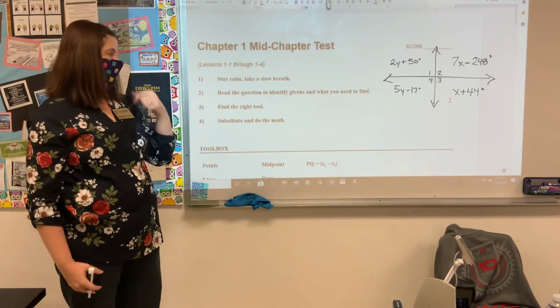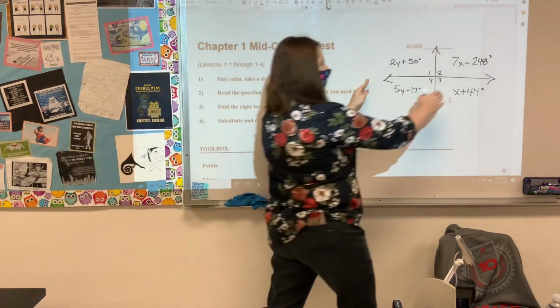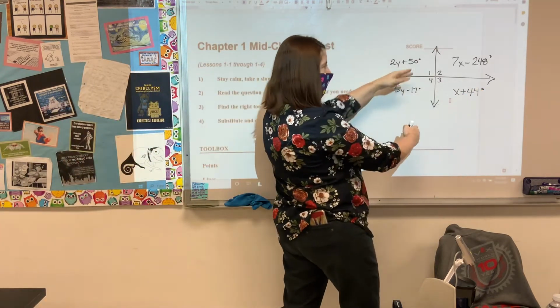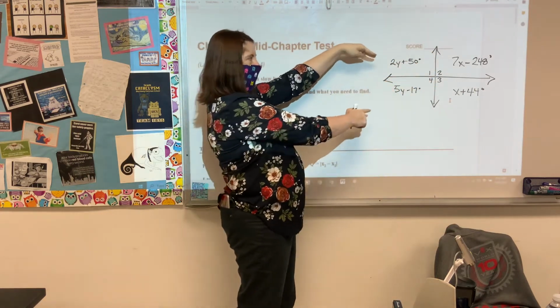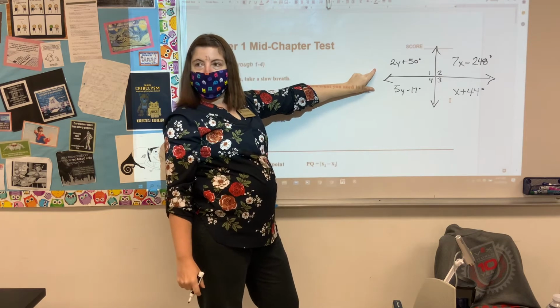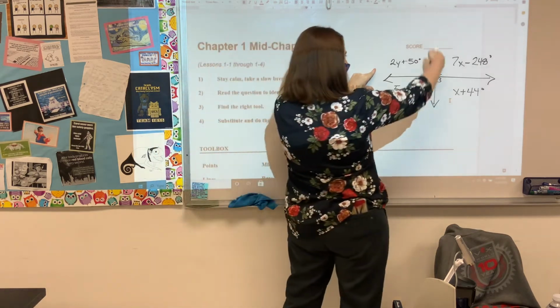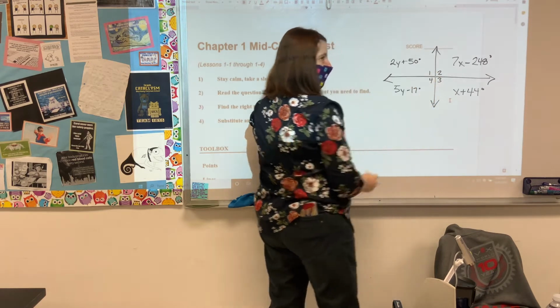I can work out that I do have a line intersecting with another line. So can I find something that might be true for angles 1 and 4? If I have a line right here, what must be true for angle 1 and angle 4?